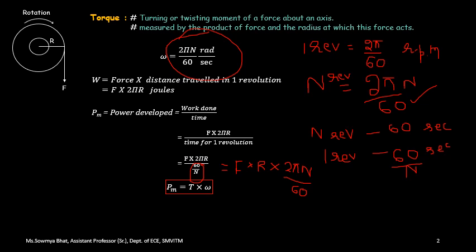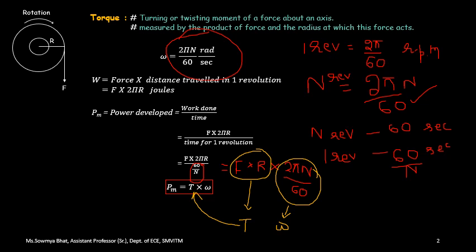In this expression, F into r is nothing but torque, that is force into perpendicular distance. That is expressed as T in this particular equation. Whereas 2 pi n by 60 is in terms of radians per second, which we have calculated as omega.